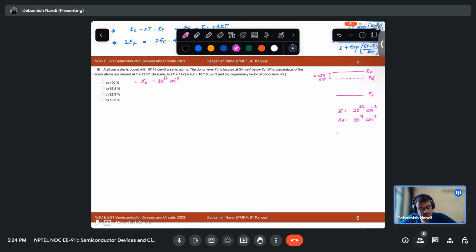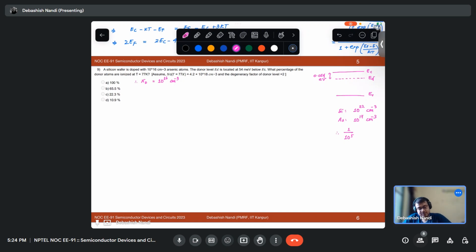So for how many silicon atoms will there be one arsenic atom? In 1 lakh silicon atoms, there will be one arsenic atom. So the arsenic atoms are sitting far away from each other, so they do not actually create a continuous band. So there we show them with discrete symbols.